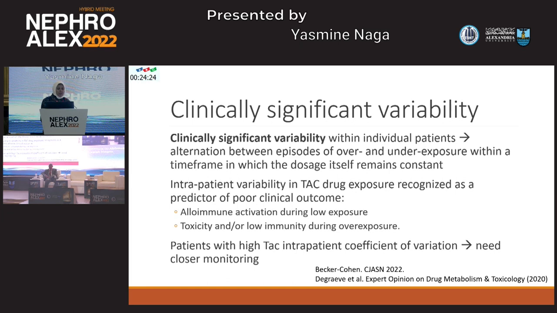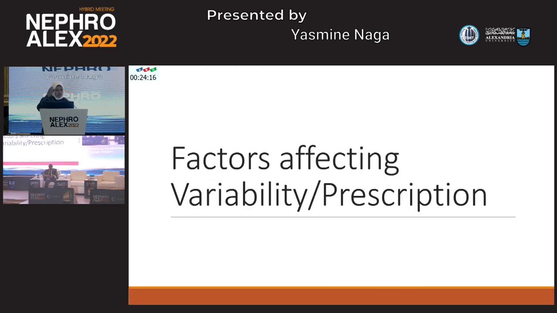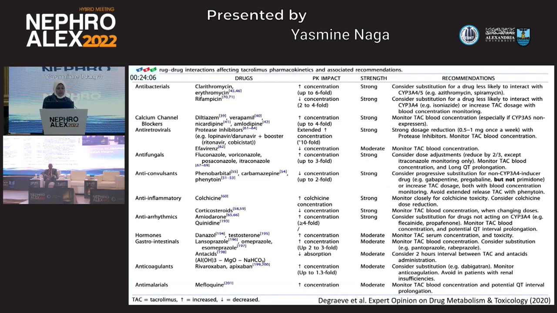And they usually calculate the intra-patient coefficient of variation, and they say that patients with high intra-patient coefficient of variation need closer monitoring. So what are the factors that affect variability in patients, and what are the factors that affect prescription, and how can we better optimize the treatment?